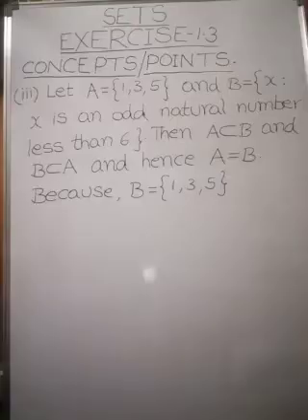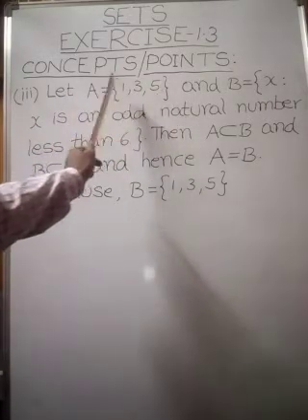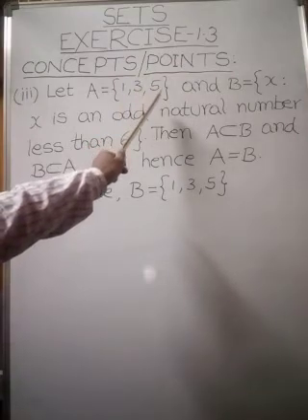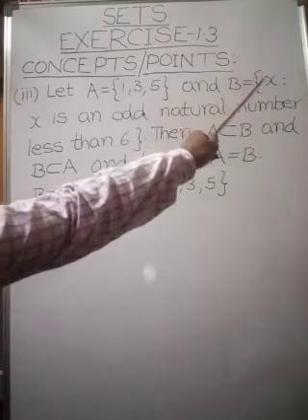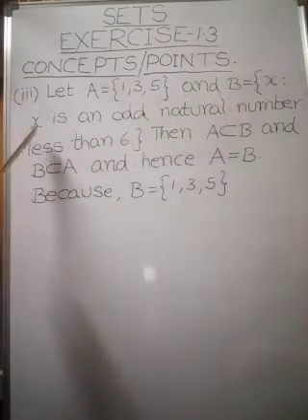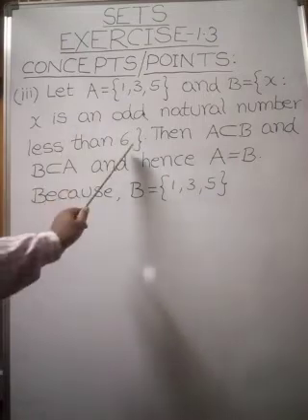Right. Now let us take another example. Let A be equal to {1, 3, 5}. These are the elements in the set A. Okay, my dear children? And B is equal to the set of all x such that x is an odd natural number less than 6.